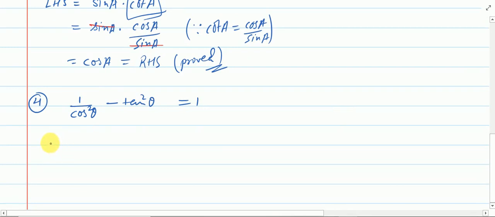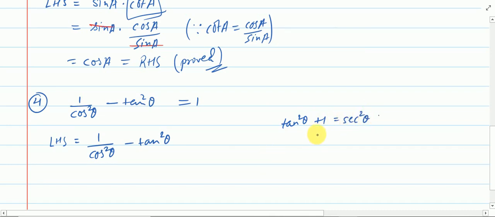Now see this one, left hand side. We have to show this whole thing is equal to 1. Here you can see 1 upon cos square theta minus tan square theta. If you try to recall the second identity that we had, tan square theta plus 1 is equal to sec square theta.